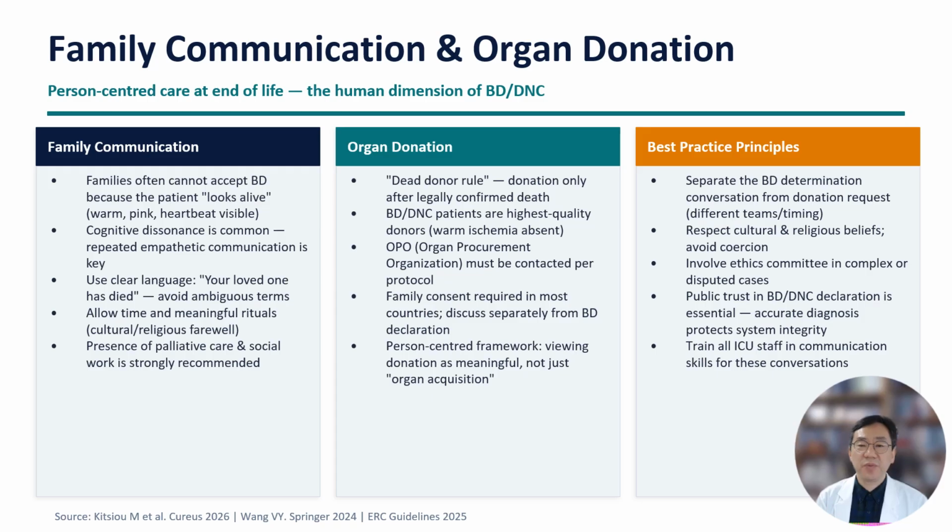Different team, different timing. Families should never feel like the goal of declaring brain death is to get their loved one's organs. That conflation destroys the trust. Involve the ethics committee when the cases are complex or disputed. And remember, public trust in the brain death determination process is essential. If we get it right, consistently and compassionately, that trust holds.